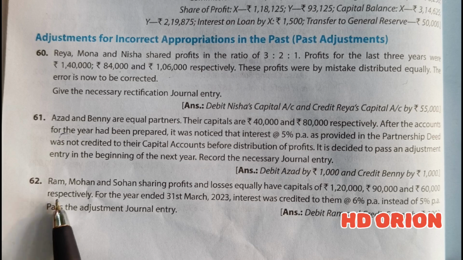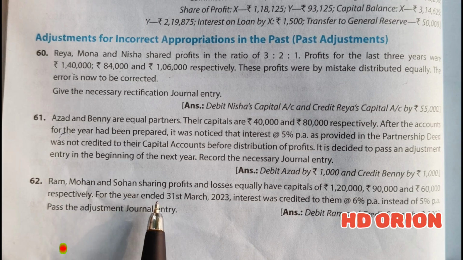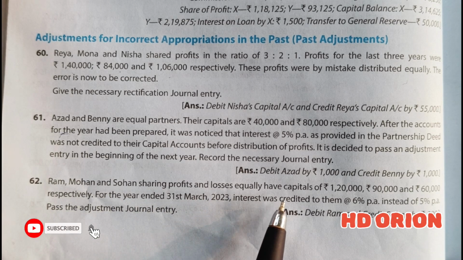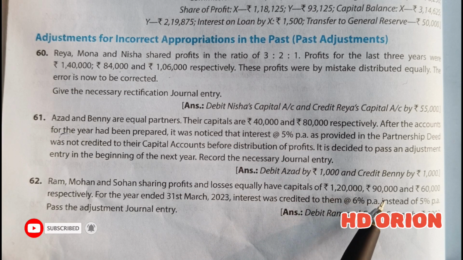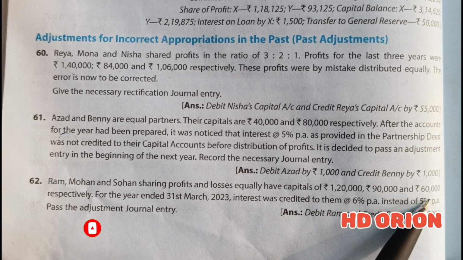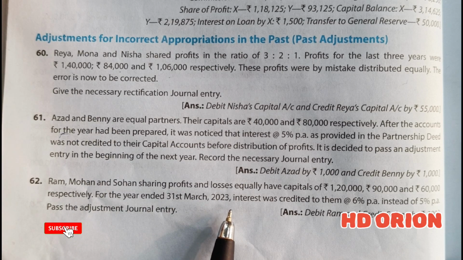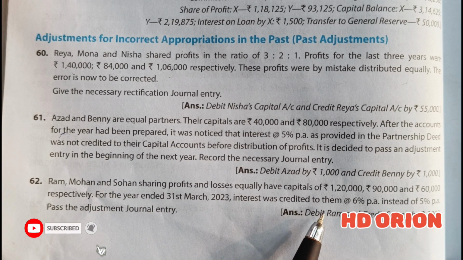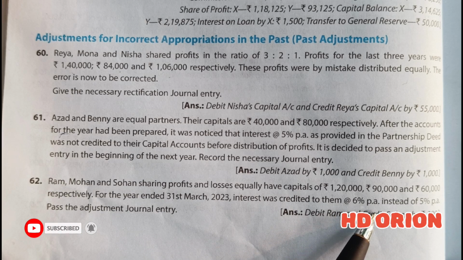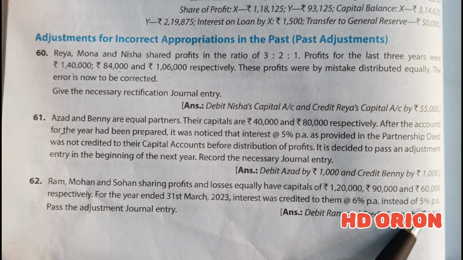Question number 62. Ram, Mohan and Sohan sharing profits and losses equally have capitals of rupees 1,20,000, rupees 90,000 and rupees 60,000 respectively. For the year ended 31st March 2023, interest was credited to them at the rate of 6% per annum instead of 5% per annum.